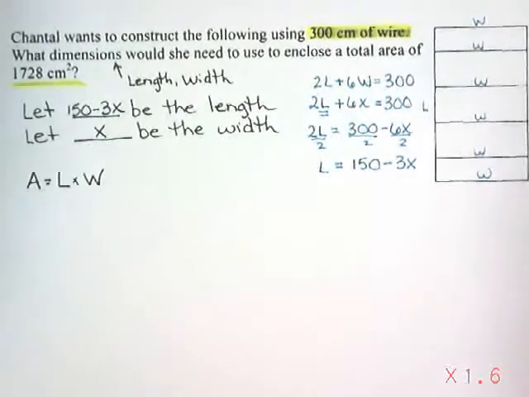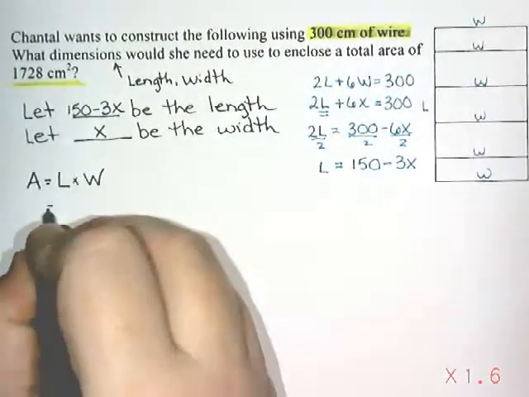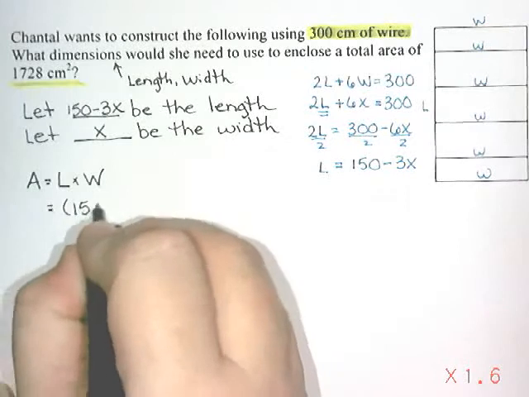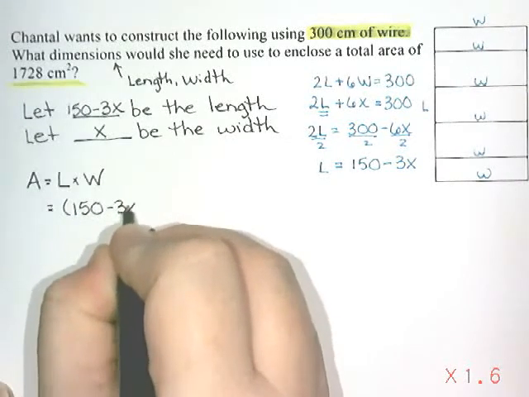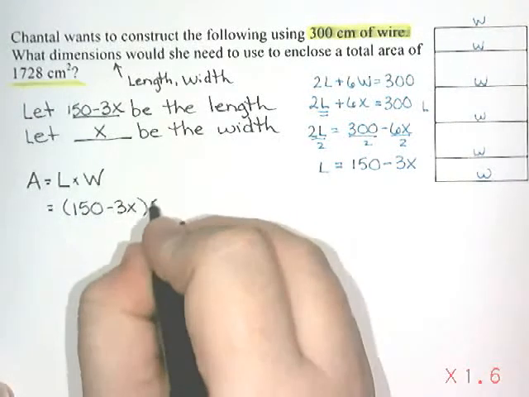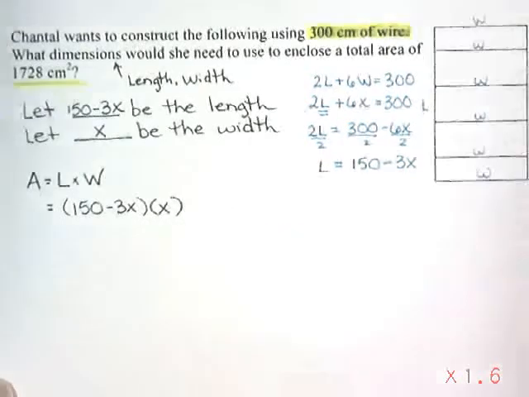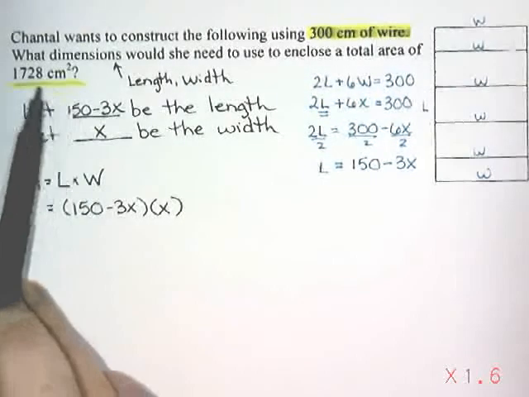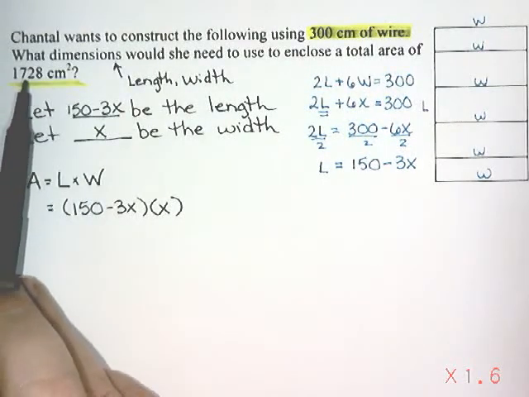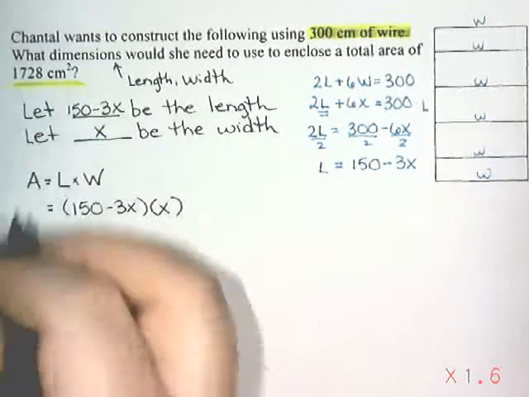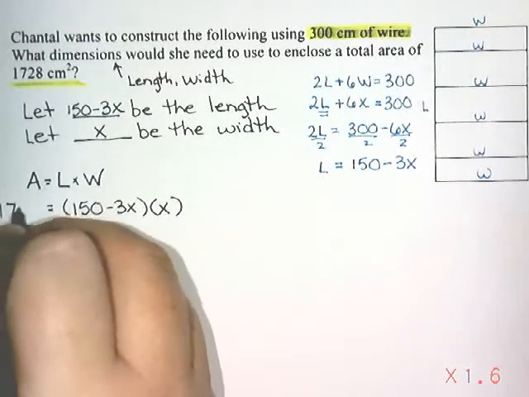And then I'm going to substitute in my length, which is 150 minus 3x, and my width, which is just x. And I do actually know the area. It tells me that the area is 1,728 centimeters squared, so I'm going to substitute that in.